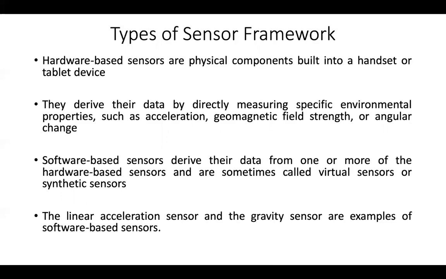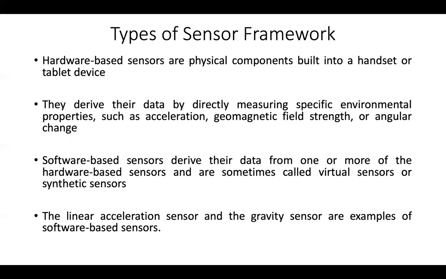They derive their data by directly measuring specific environmental properties such as acceleration, geomagnetic field strength, or angular change. Software-based sensors, on the other hand, derive their data from one or more hardware-based sensors and are sometimes also called virtual sensors or synthetic sensors. The linear acceleration sensor and gravity sensor are examples of software-based sensors.